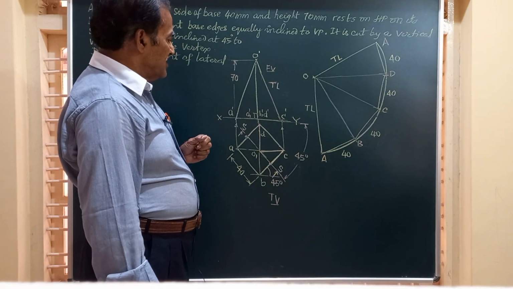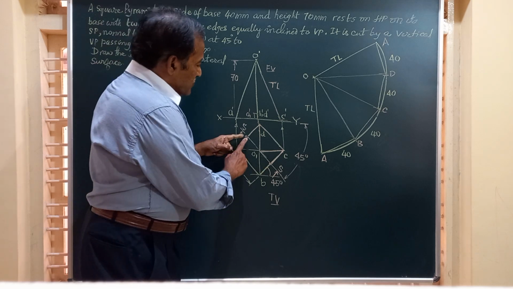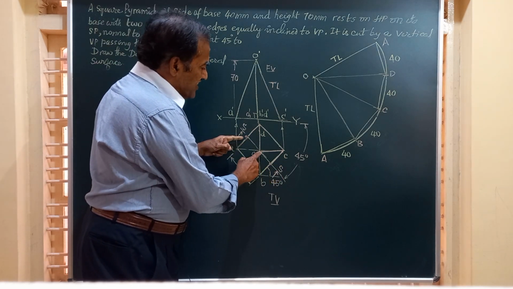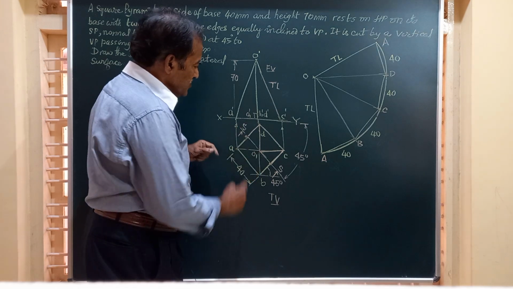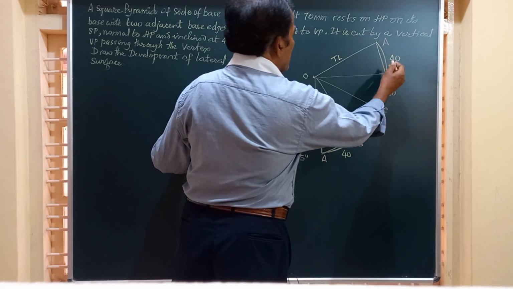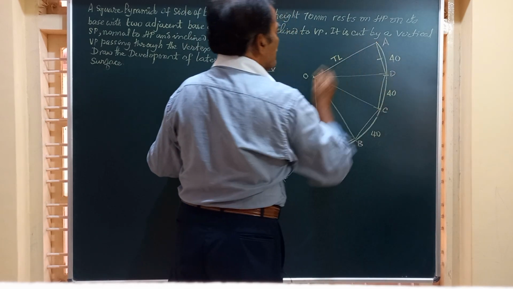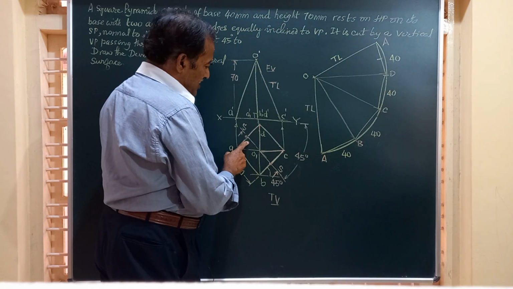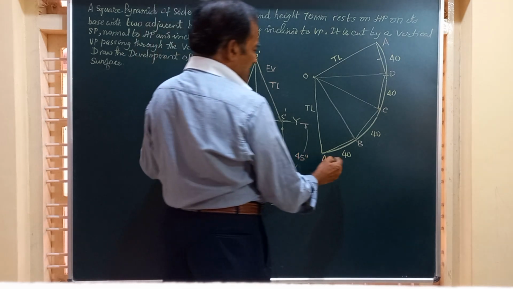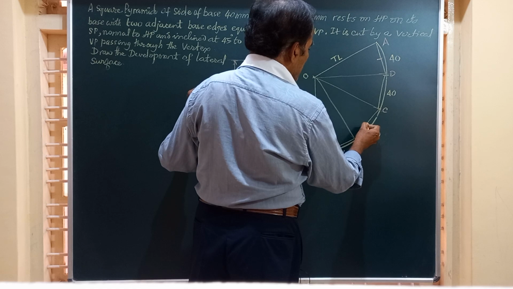Now friends, there are 3 points, one on the base edge AD, one on BC and the vertex. On AD, exactly in the center, we mark a point. Exactly in between B and C, we mark another point.